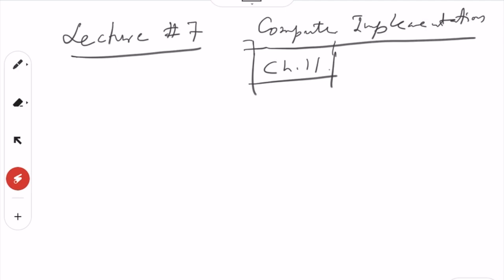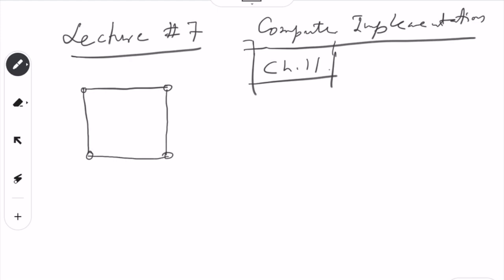You will have to program, and as you can see, even a small problem, something like this, is a problem from your textbook, chapter 2, problem 2.3.